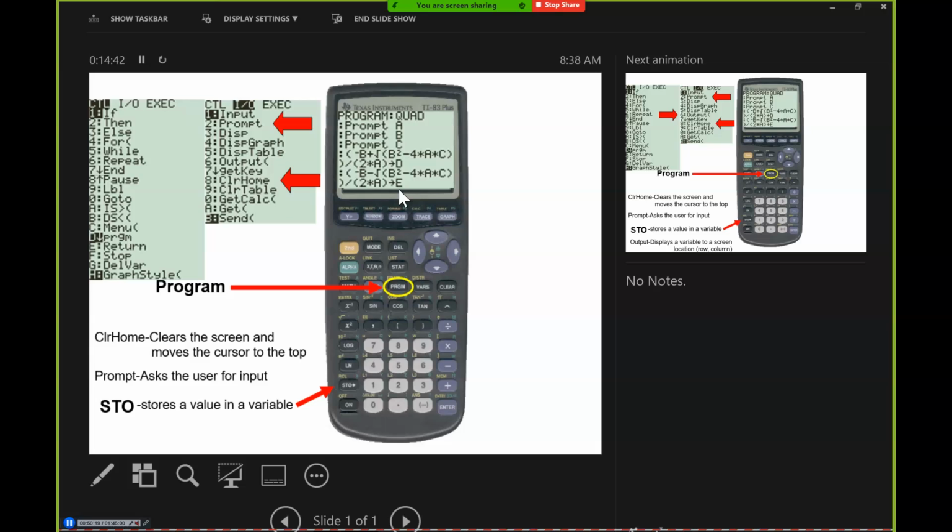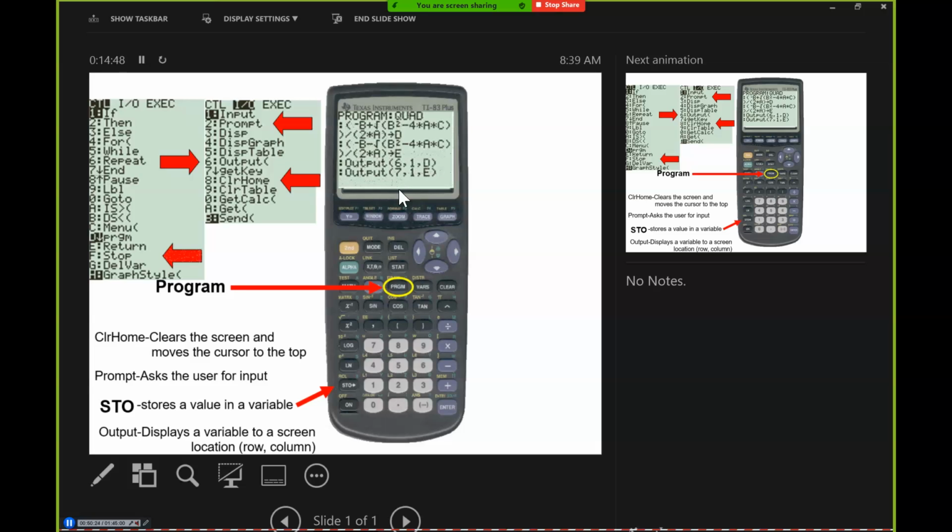Are we ready for the next step here? So the next step we're going to do is we're going to type the output command. So you'll press the program button, go over to the I/O tab, and select the output command, which is command 6, it looks like.